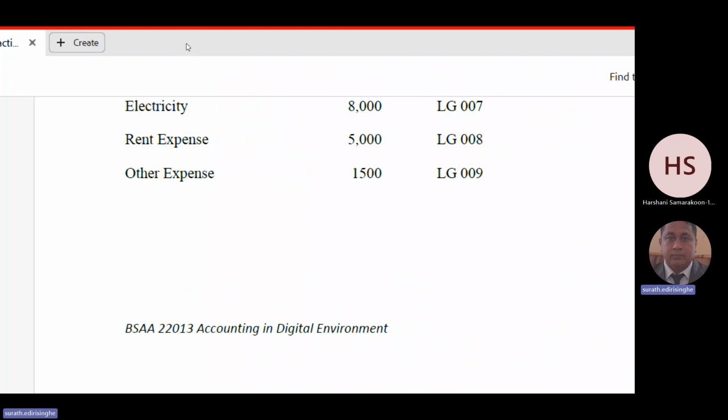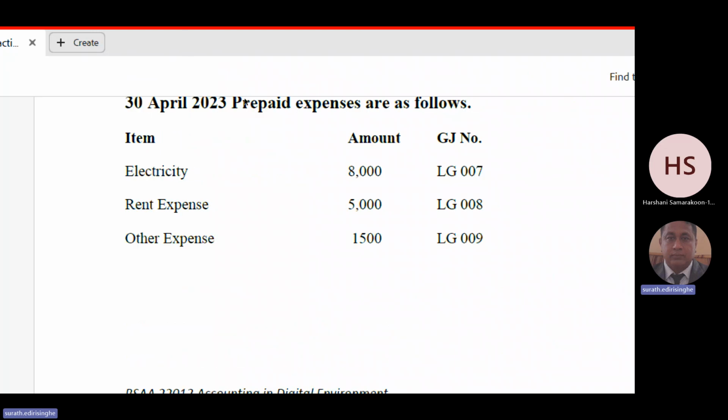Don't confuse this prepayment with the deposit. There are some deposit accounts, electricity deposit, water deposit, like this. These deposits come under your prepayment category deposits. Never will you set off this payment to the deposit.